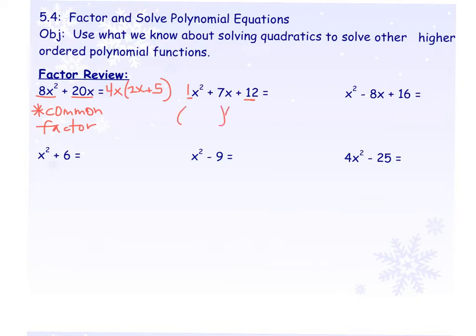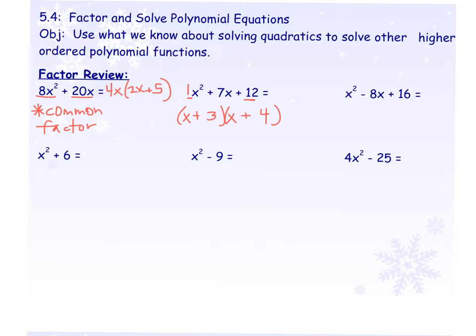So then we break down our two parentheses, split up the x squared into an x and an x in each one of the parentheses, and then we put the 3 and the 4. And you can write those in either order. To make sure we get positive 12 when we multiply and positive 7 when we add, we'll make both the 3 and the 4 positive. And there's your factored form.